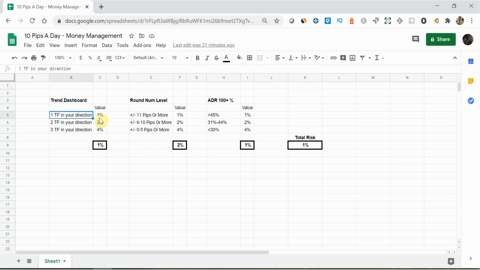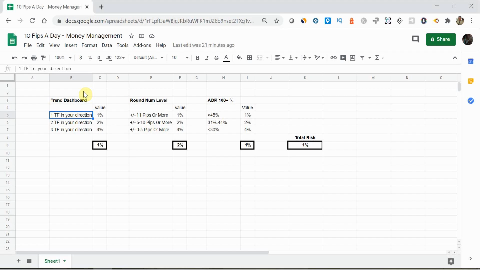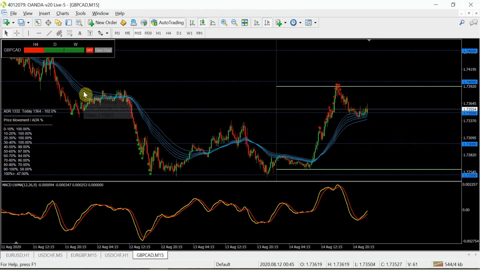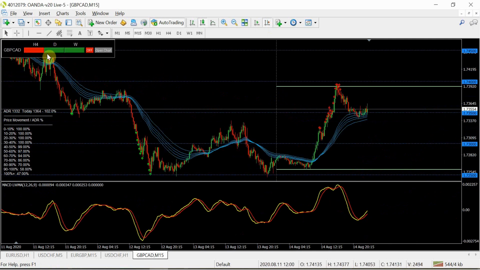The first one is understanding, of the 4-hour, daily, and weekly, how many of these time frames are in the direction you want to trade. Let's assume this is correct, up to date at the current time. At this level, when you get the alert that the ADR has hit 100%, the first thing we look at is where we are in relation to the higher time frames.